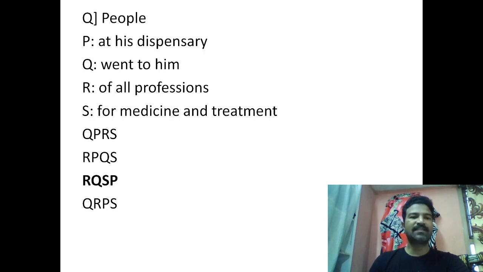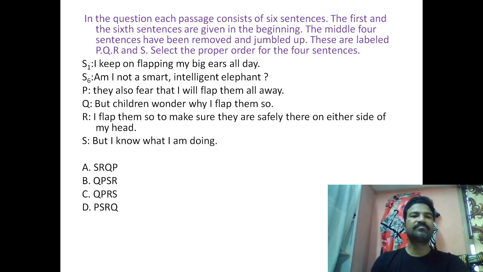People, next R, of all professions, next Q, went to him, next S, for medicine and treatment, next P, at his dispensary. So RQSP: people of all professions went to him for medicine and treatment at his dispensary. RQSP is the correct combination. Moving on to the next question.